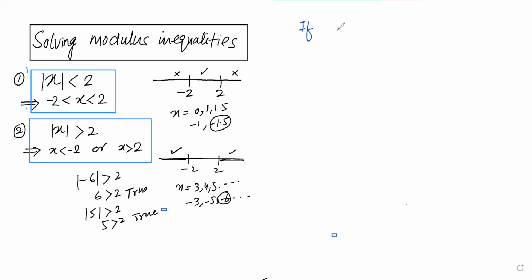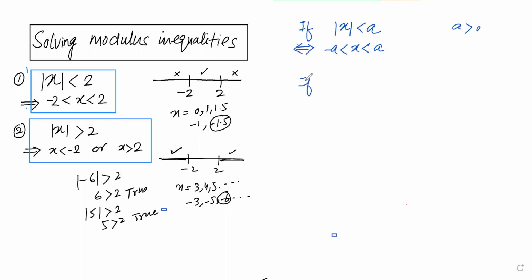If modulus of x is less than a, where a is a positive number, then this implies x is greater than -a and less than a. And vice versa, if x is greater than -a and less than a, then modulus of x is less than a.